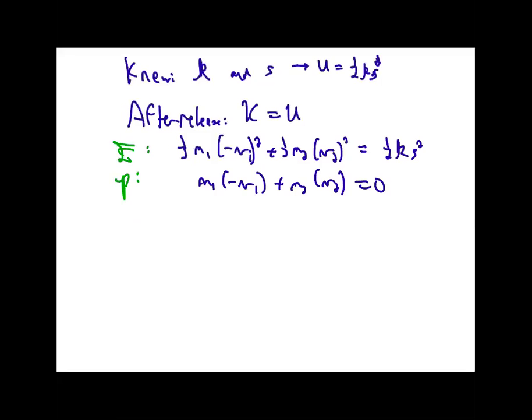So at this point, you could actually solve for v1 and v2 and get actual numbers out. So knowing the spring constant would tell you the velocities, but this would not be fun to do algebraically.